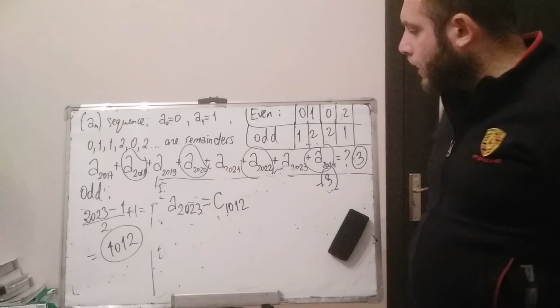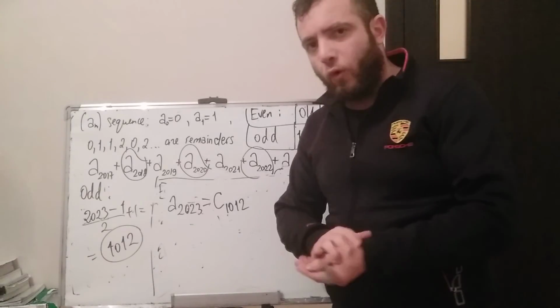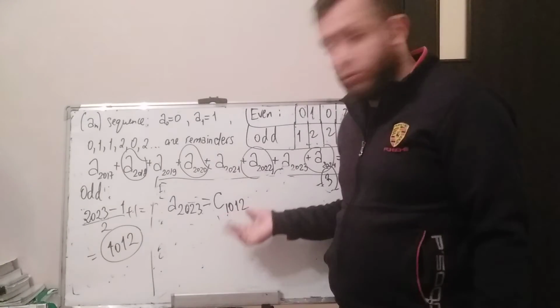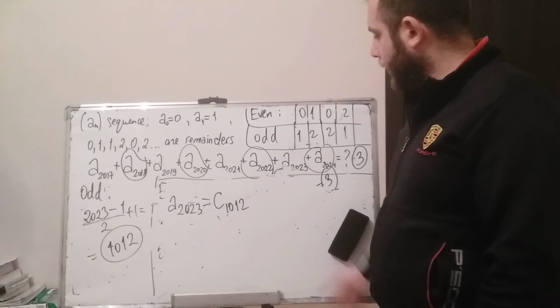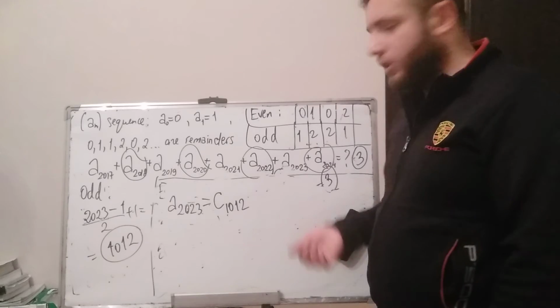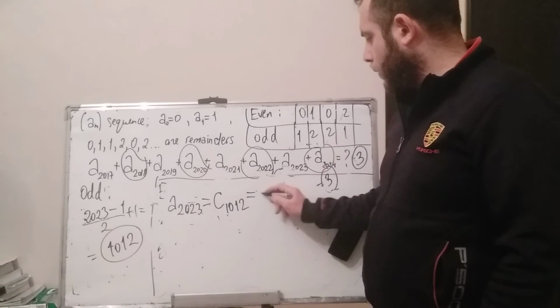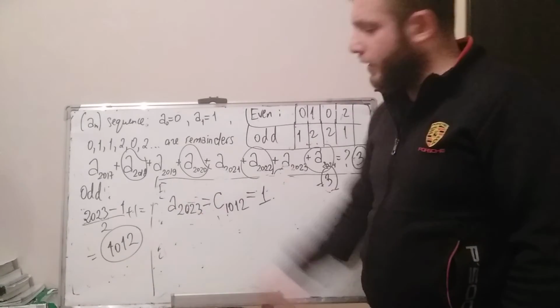So 1012 divided by 4 has no remainder. 0 means the last one, which is 1. That means A 2023 is 1.